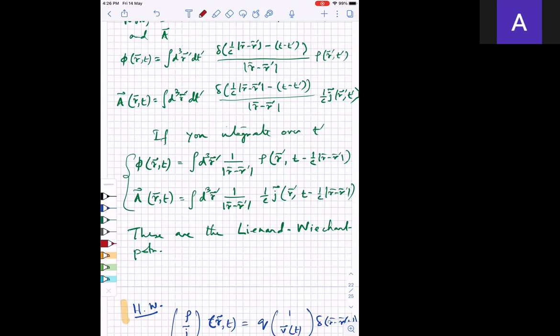There are two solutions, and one of them, the retarded solution, is the physical solution. So we took that, and this was the answer. The potentials phi and A were given like this.